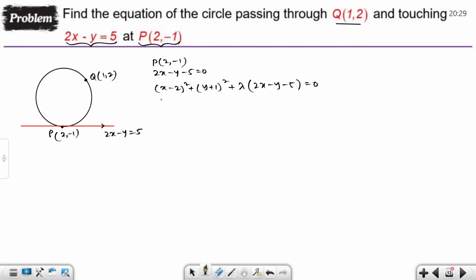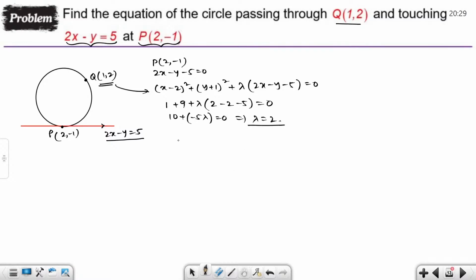Okay. Now this is the family of lines which is passing through the point P, and 2x minus y equals 5 is a tangent to that circle. Now in our question, it is passing through the point (1, 2). Hence it must satisfy this equation. So from here we are getting lambda equals 2 again.